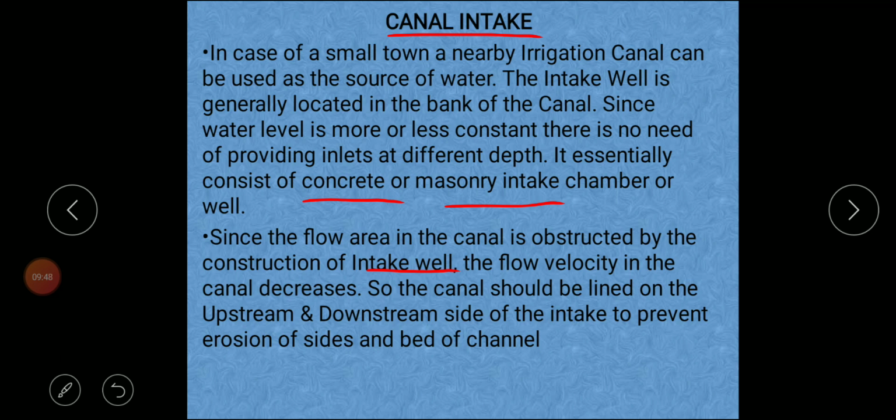So the canal should be lined on the upstream and downstream side of the intake to prevent erosion of sides and bed of the channel. A canal should be lined with concrete on both sides of the intake, that is upstream as well as downstream, to prevent the erosion of sides. You can easily prevent the erosion of the sides by providing the lining on the sides of the canal and also the bed of the channel.